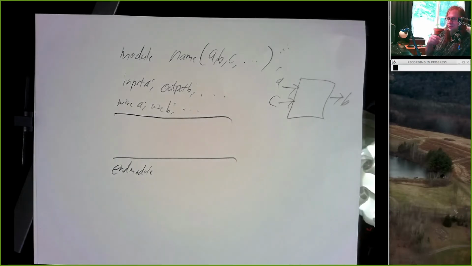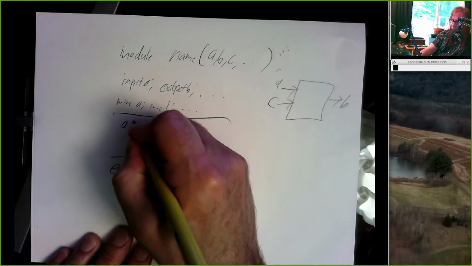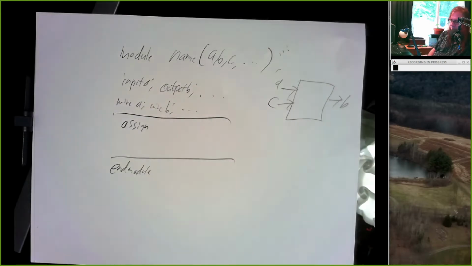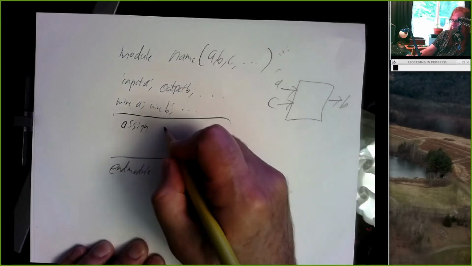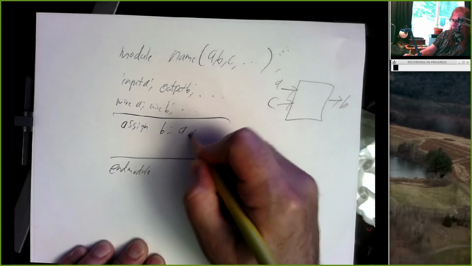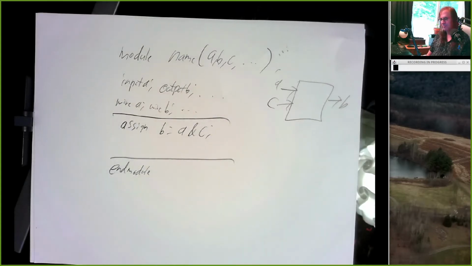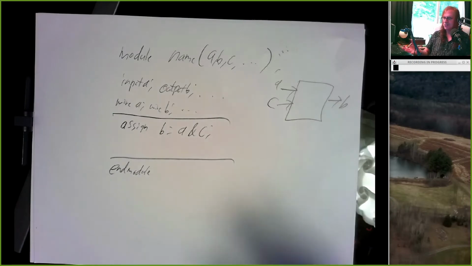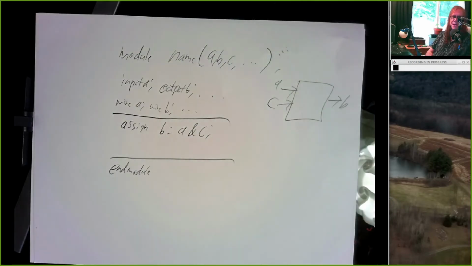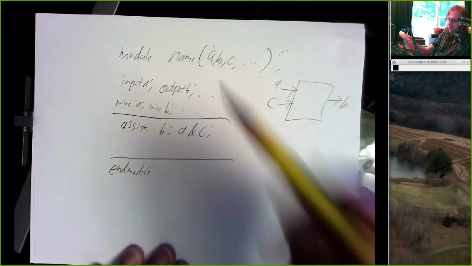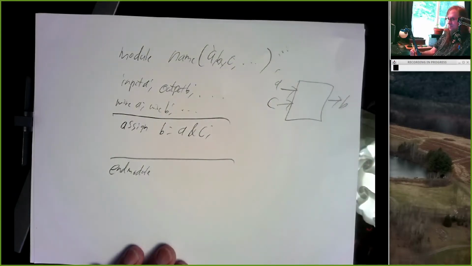And the main thing we're going to do inside here are these assignment statements. And we can say assign something equals something. So for example, if we assign B equals A and C, we're asking to create a module that performs an AND operation. In this case, it takes these two things as inputs, it generates that as an output.